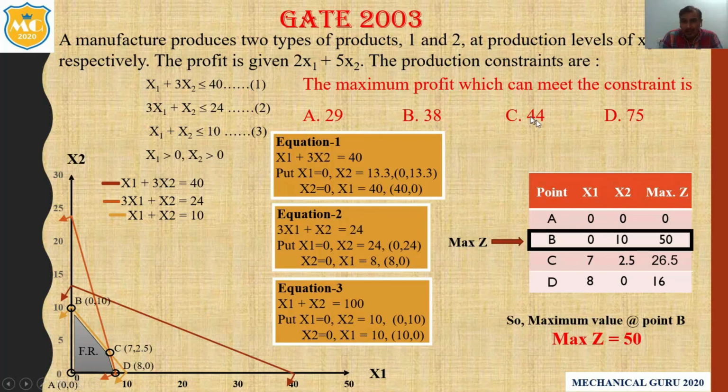Among the options 38, 44 and 75, 75 is too far. So the nearest value is 44, so our answer is C. Okay, so this is the GATE exam question asked in 2003.